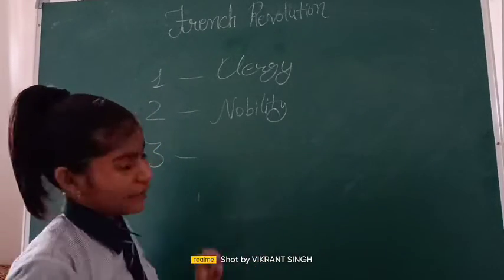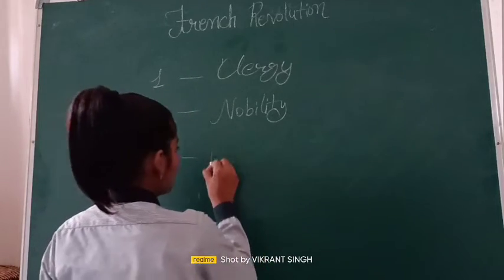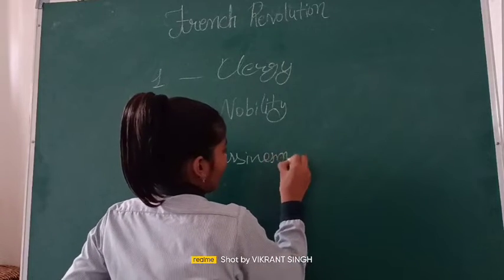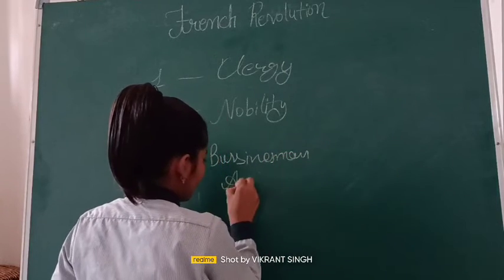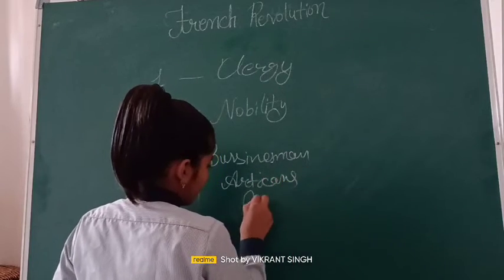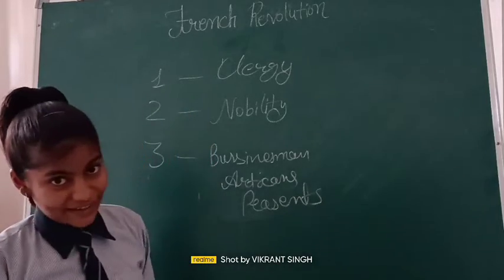The third state is made up of businessmen, artisans, peasants, and some lower sections of society.